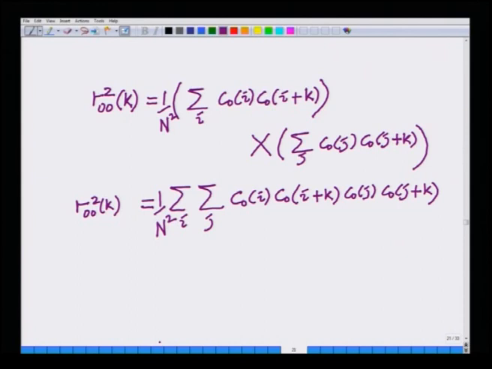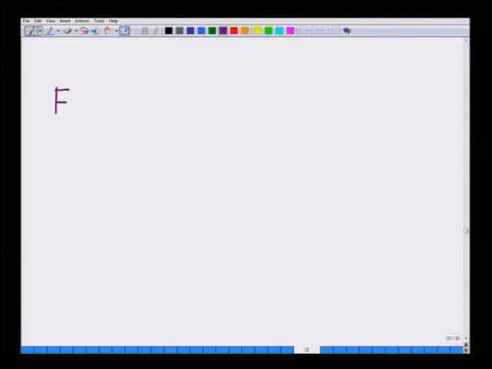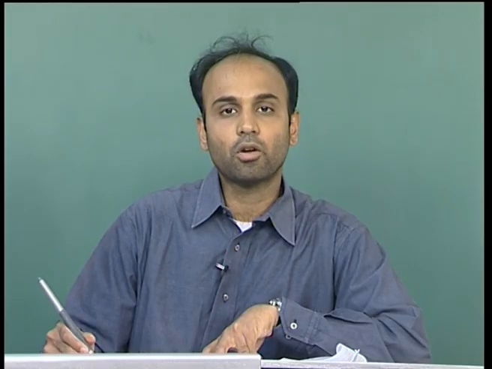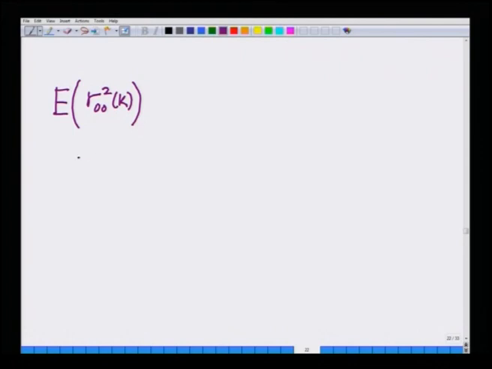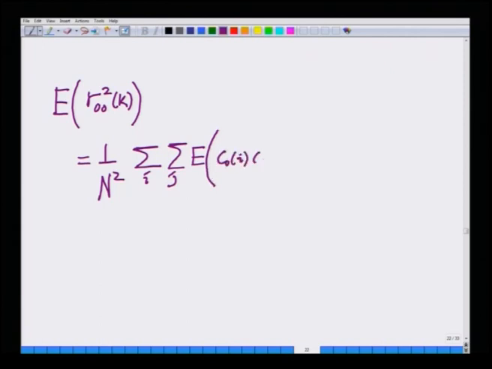Hence, the expected value of R00 square of k, which is the second order moment of the correlation at lag k, is nothing but 1 over n square, taking the expected value inside, summation over i, summation over j, expected value of C0i, C0i plus k, C0j, C0j plus k.